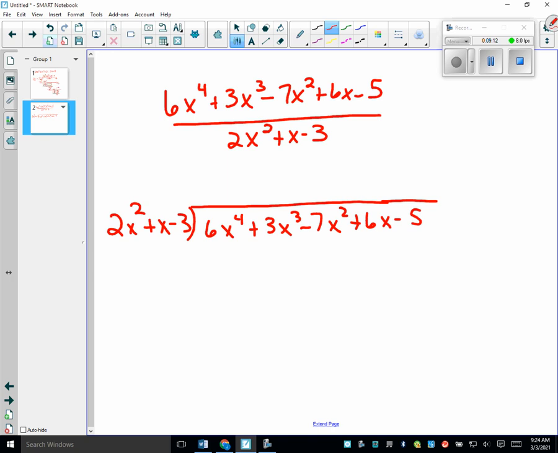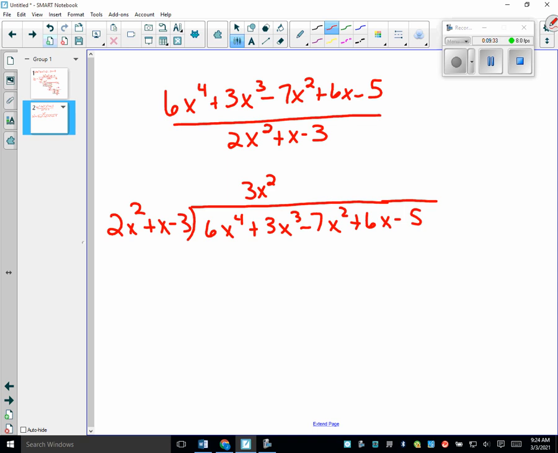All right? What do I multiply 2x squared by to get to 6x to the 4th? 3x squared. And I multiply every term, correct? And I want to be really careful and put them under the right spot.